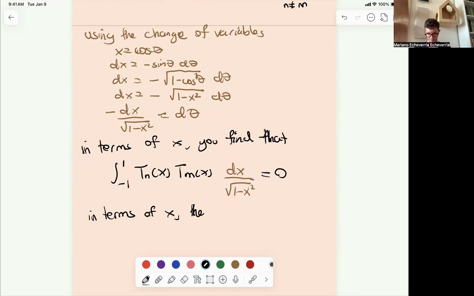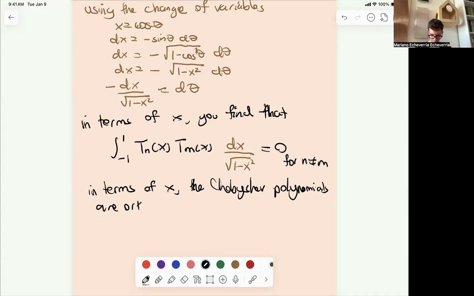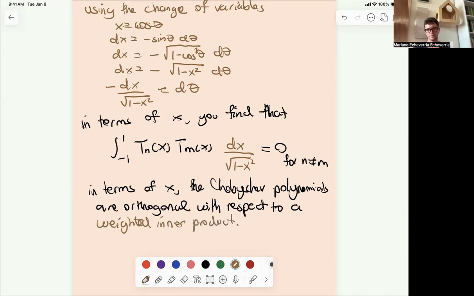The polynomials are orthogonal with respect to what's called a weighted inner product.